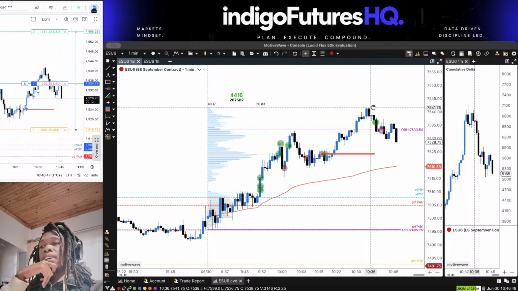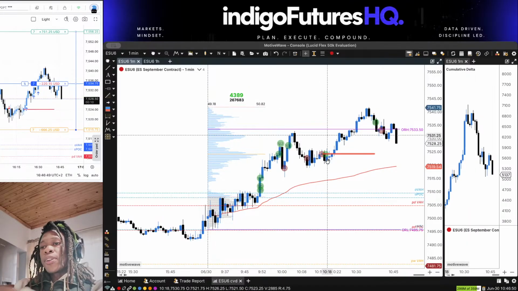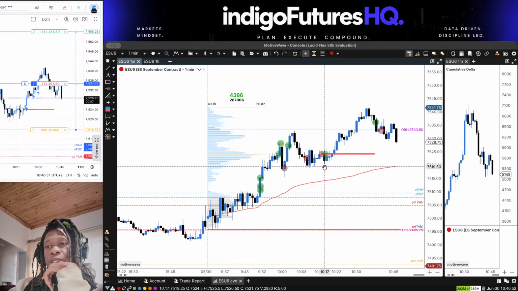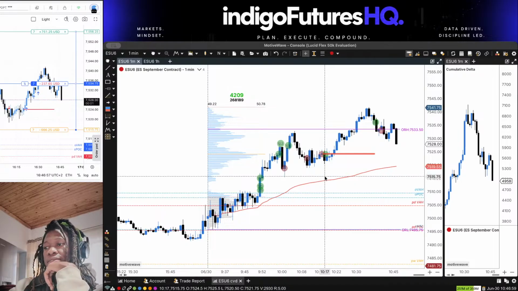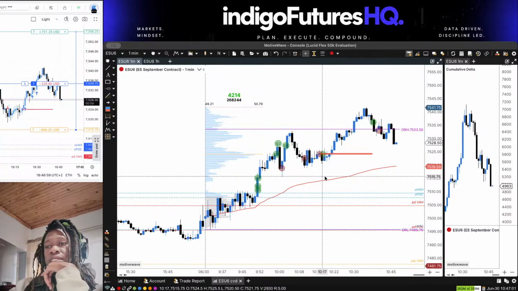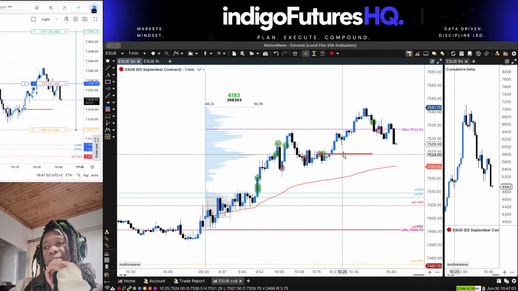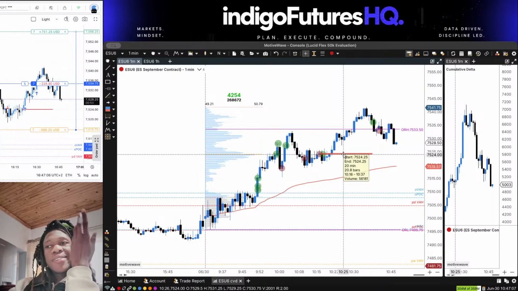Nah, that was taken. Because think about it, where are our next stops? Our stops are here at 519, and then the last level of stops would be at 515, which is right where our stop loss is. So if we can't hold the point of control, man, that move is pretty dead. So 524.